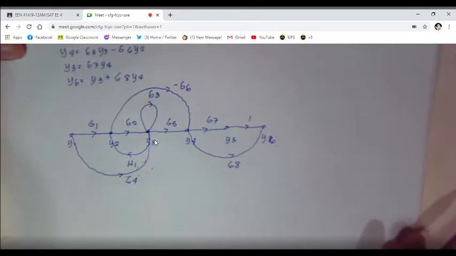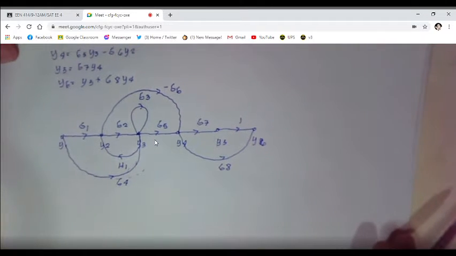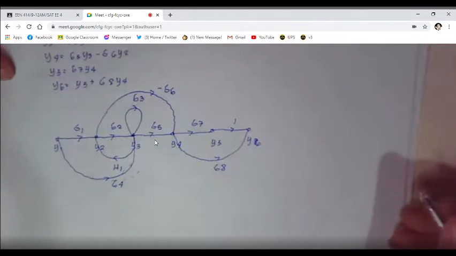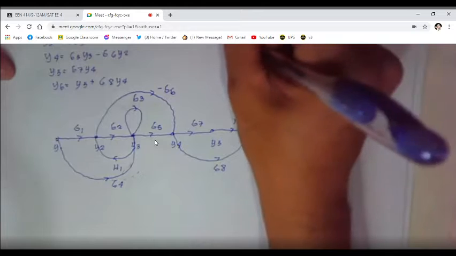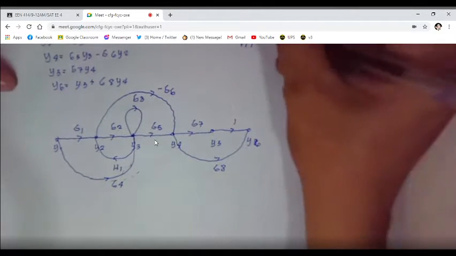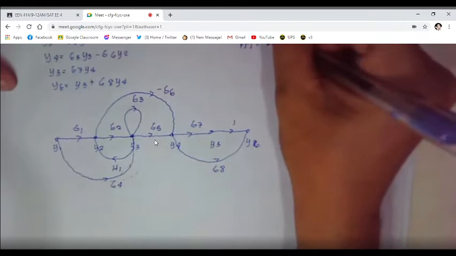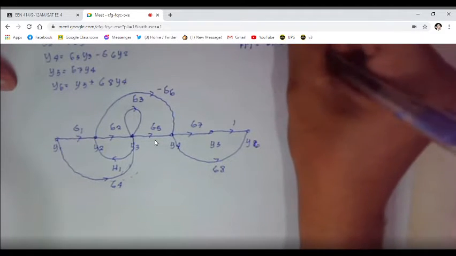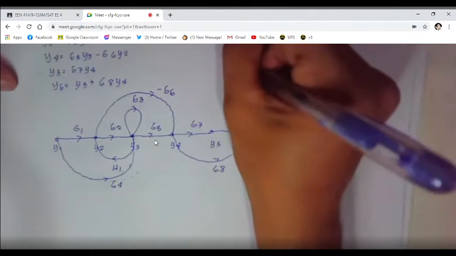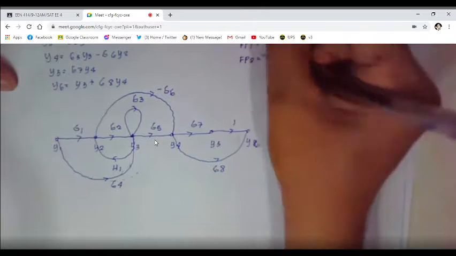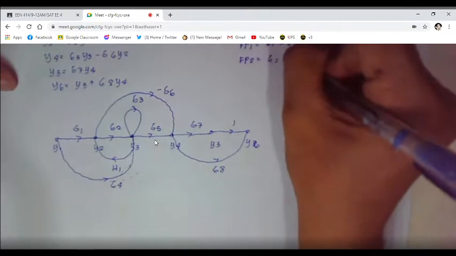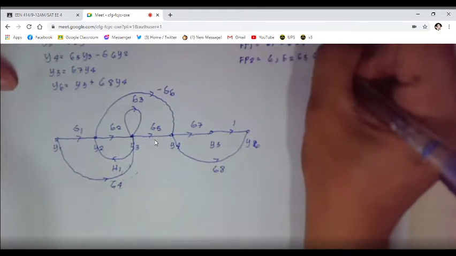So para hindi kayo malito, lagay nyo dito forward path. Isulat nyo na kaagad. So, forward path 1. We have G1, G6, G7, negative. Forward path 2: yung G1, G2, G5, and G7.